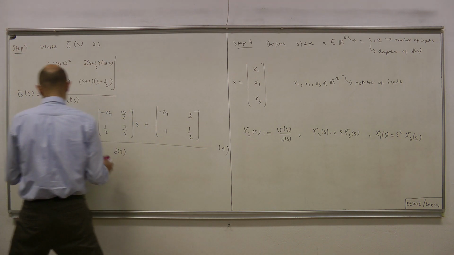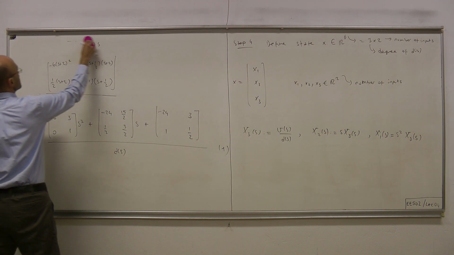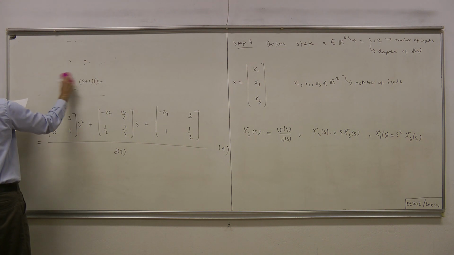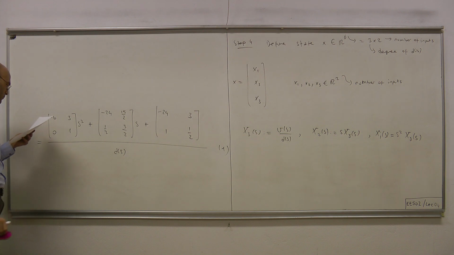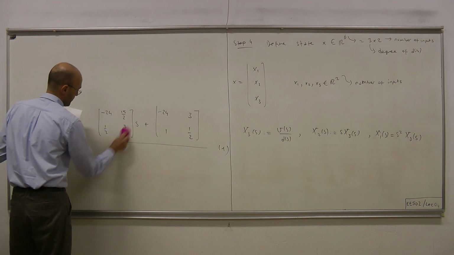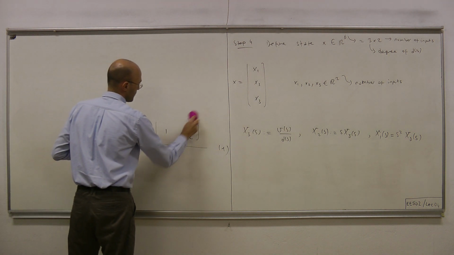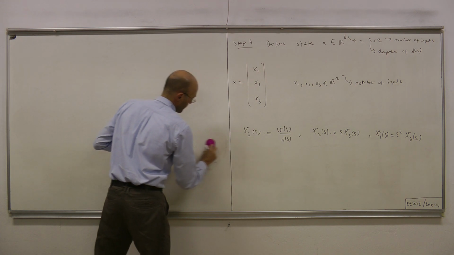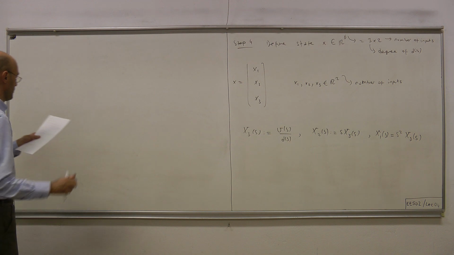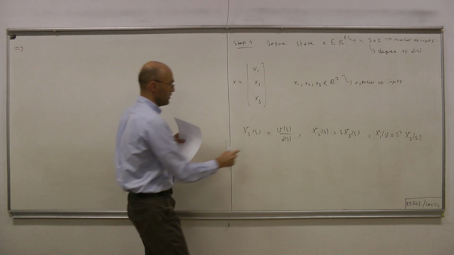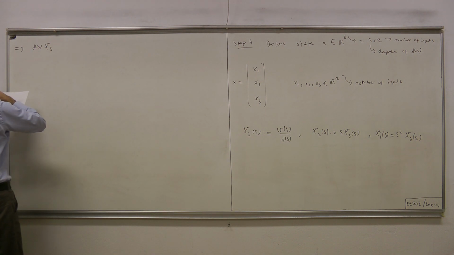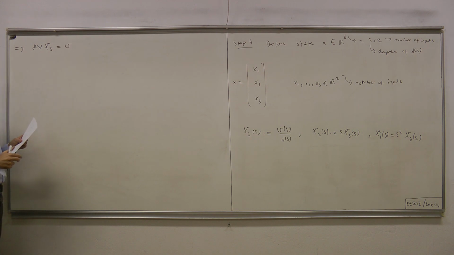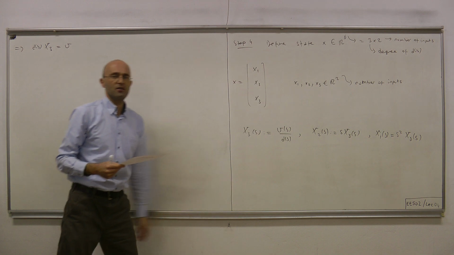Okay, so remember that this is our equation. So this was R G bar of S. Now let's start from this equation and rewrite it as follows: D of S times x3 of S is U of S. Now I'm dropping, for the sake of simplicity, the S terms here.